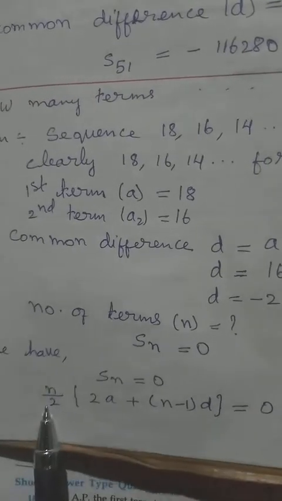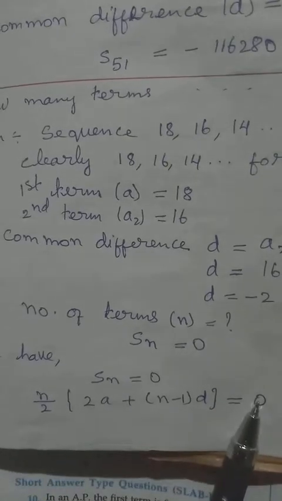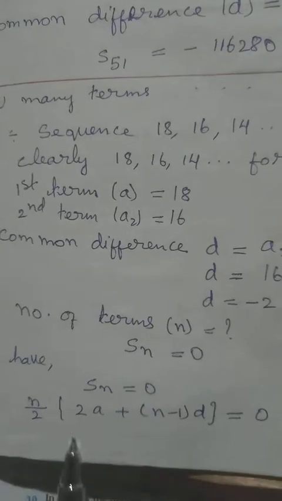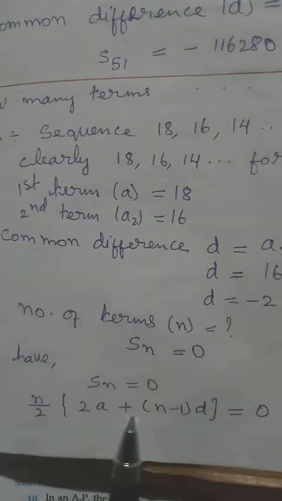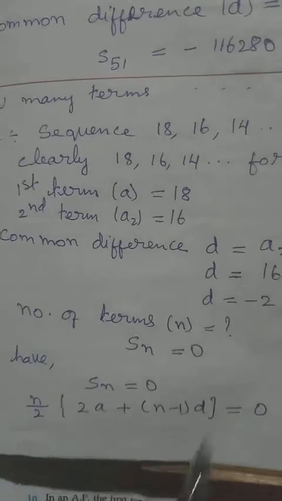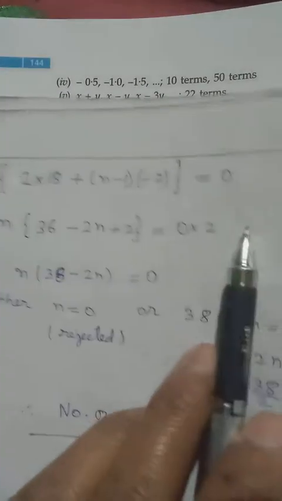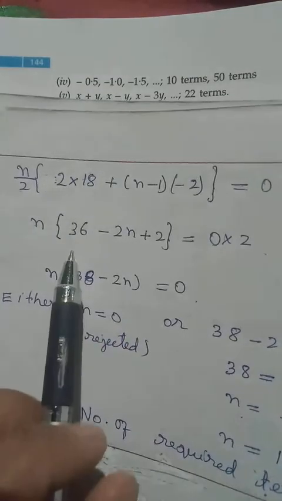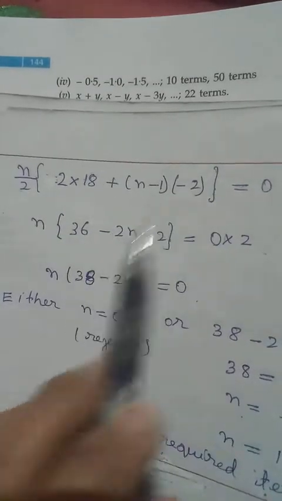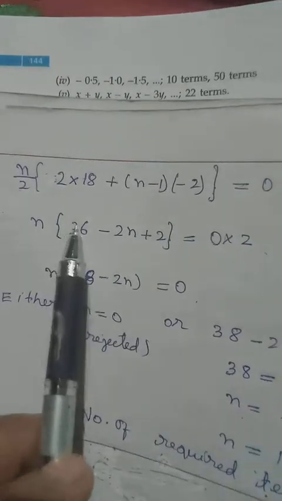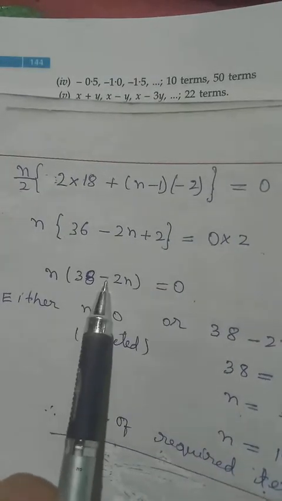This 2 we can transfer to that side, 2 into 0 will become 0. A we know to be 18, so we replace 2 into 18. Then d we know here to be minus 2. Let's replace it. Since here we have n into, we can transfer to this side. Then 2 into 18, 36, minus into minus plus 2, then n into n, minus 2n. So 36 plus 2, 38, minus 2n.